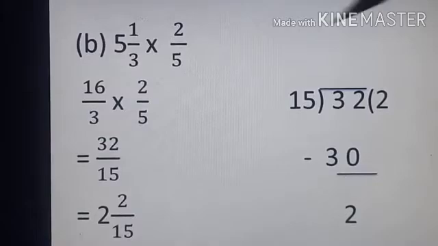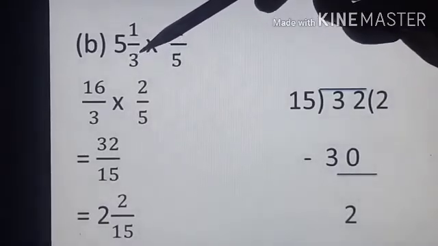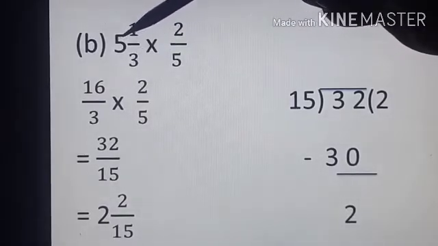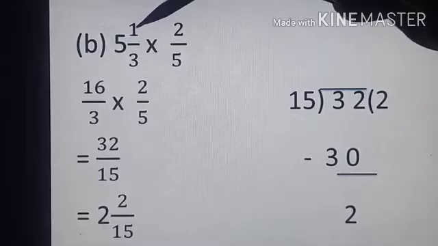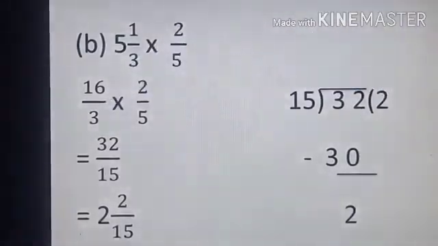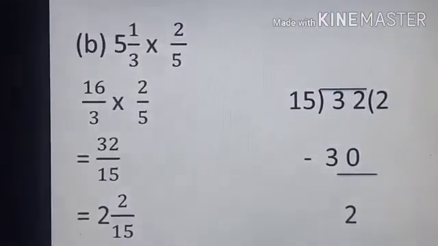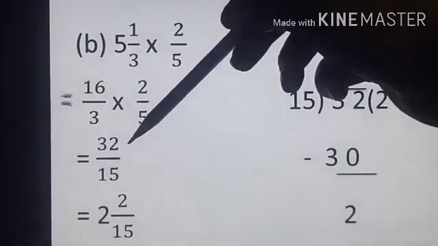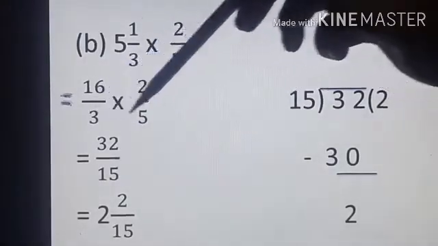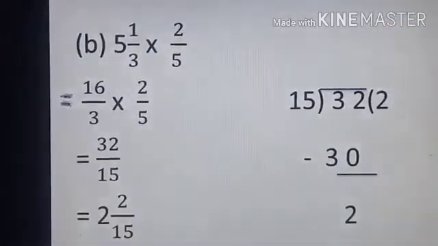Now, B part of question 2. 5 whole 1 upon 3 multiplied by 2 upon 5. Okay. Now, you know that, beta, 3 fives are 15 plus 1, 16. 16 upon 3 multiplied by 2 upon 5. Now 16 twos are 32. 3 fives are 15.